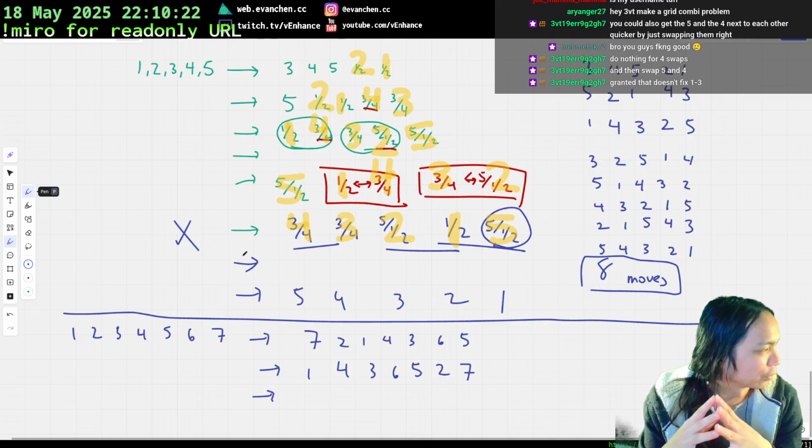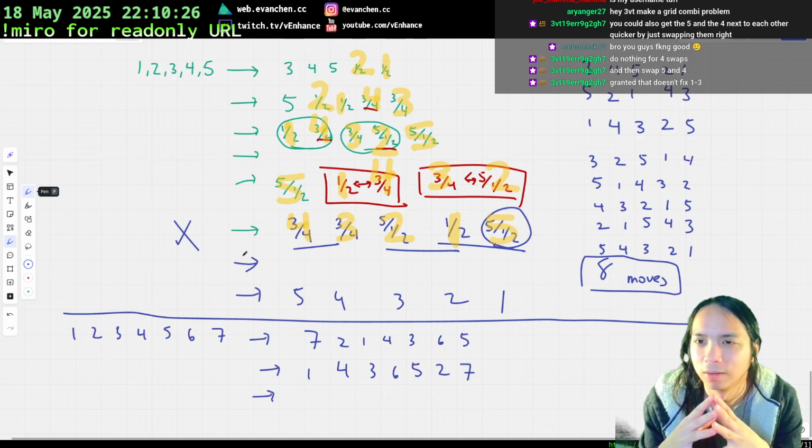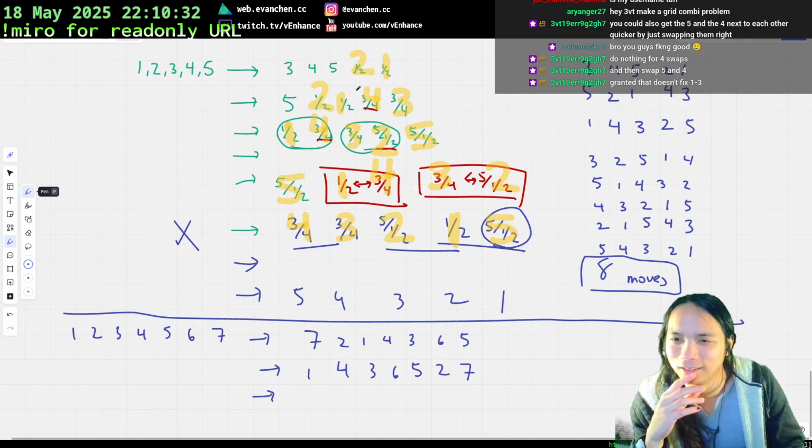Do nothing for 4 swaps and then swap 5 and 4. Am I crazy? Oh no, did I miss a case? No.